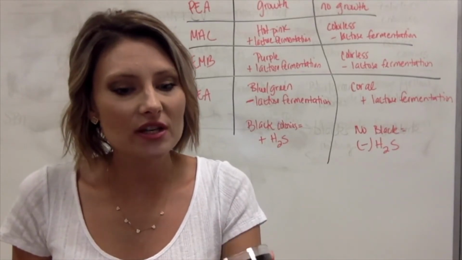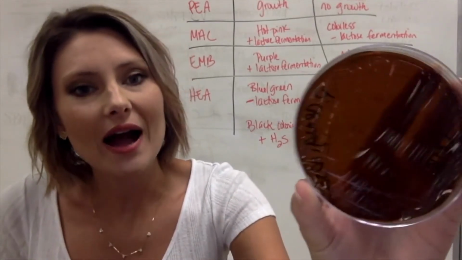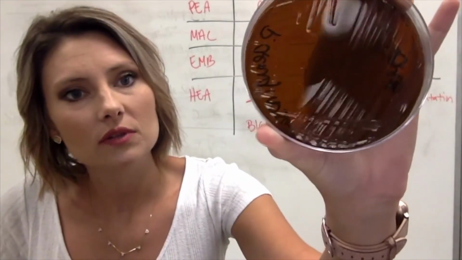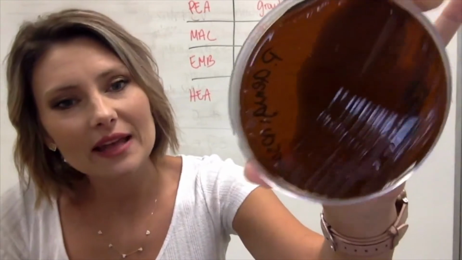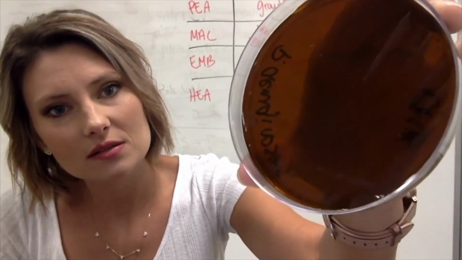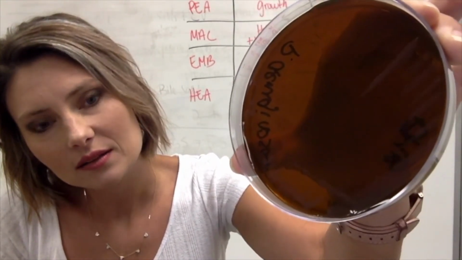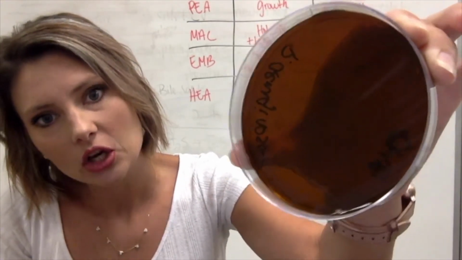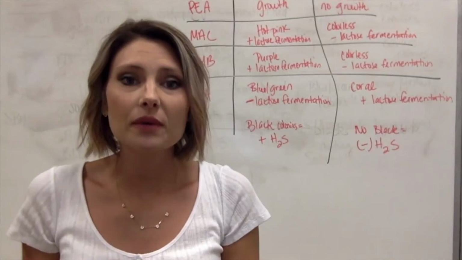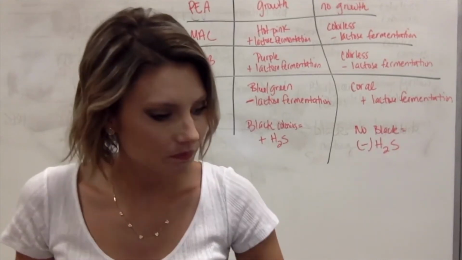As you can see for Pseudomonas, I have growth there. Not a whole lot, but I've got some growth there, and they are colorless colonies. They're kind of hard to see, but they are colorless colonies. So Pseudomonas is gram-negative, but it is not a lactose fermenter.